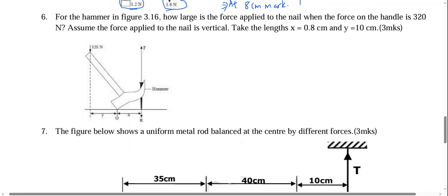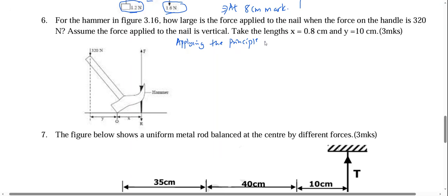Now for you to be able to solve this, you need to apply the principle of moments. Applying the principle of moments, we will have clockwise moment is equal to anti-clockwise moment.